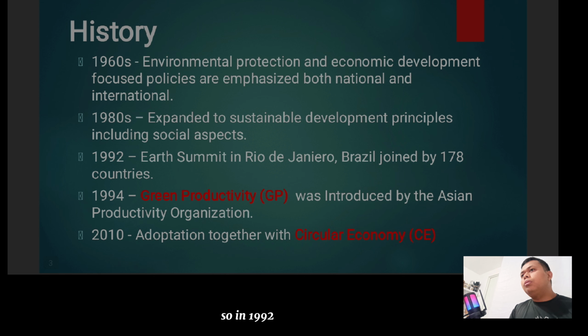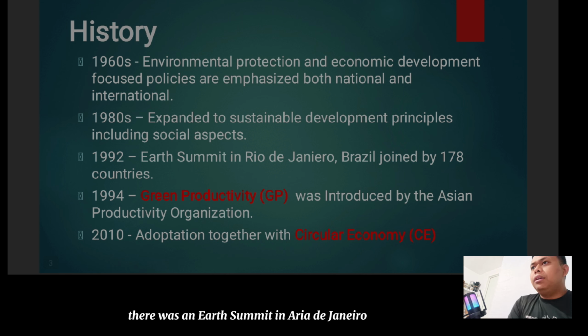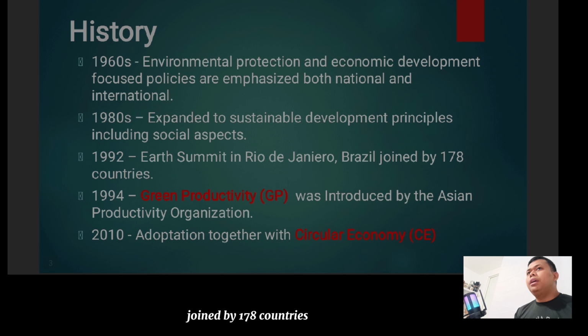In 1992, there was an Earth Summit in Rio de Janeiro, joined by 178 countries. In 1994, green productivity was introduced by the Asian Productivity Organization. And the adoption of circular economy was inaugurated in 2010.